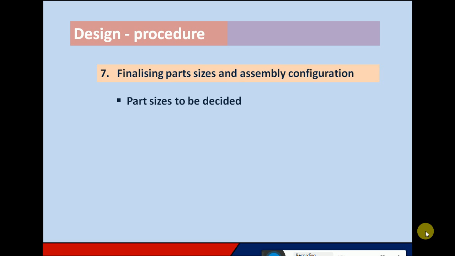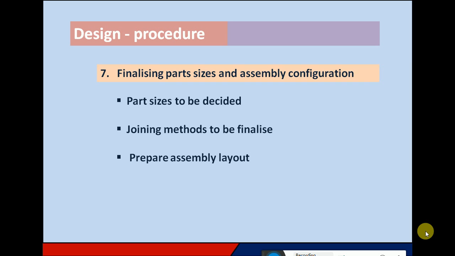Seventh stage is finalizing part sizes and assembly configurations. Once calculation is done, we should select part sizes. Then we should know the joining methods. We should select whether we are going for welding, bolting, riveting. From that we can prepare the assembly layout.